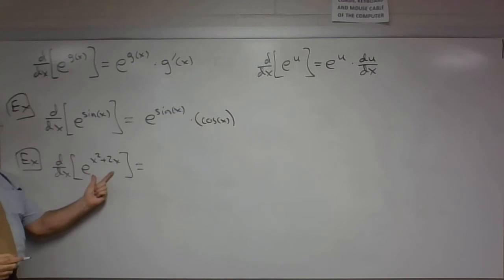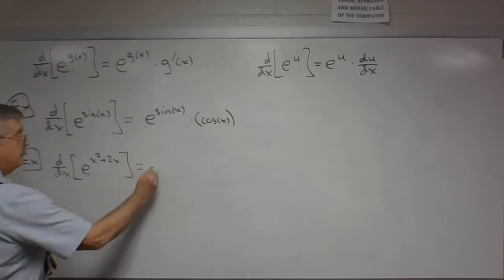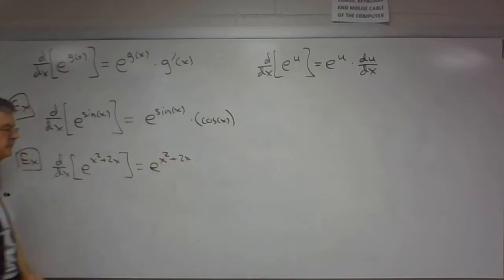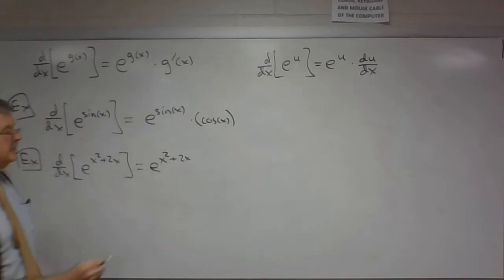We're computing the derivative of e to the power of x squared plus 2x. We get e to the power of x squared plus 2x times the derivative of the exponent.